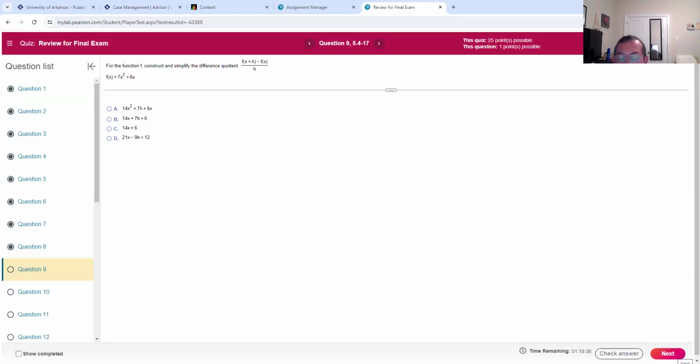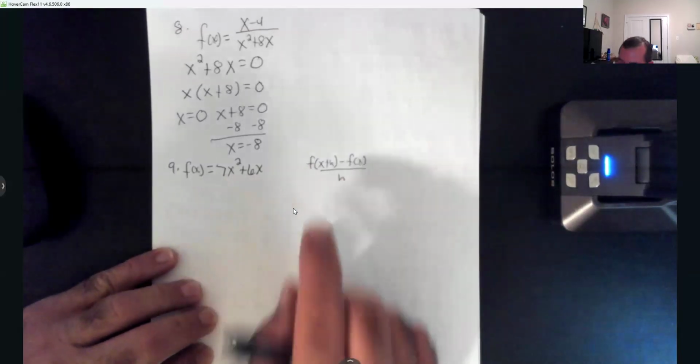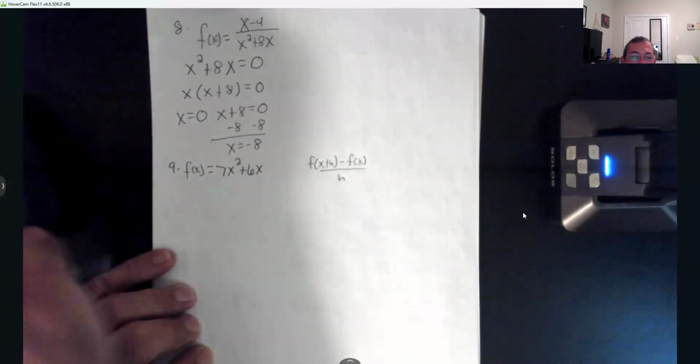Oh, y'all, this might be one of the trickier questions on here. 7x squared plus 6x. So we're doing the difference quotient, f of x plus h minus f of x all over h. All righty, so hopefully y'all save notes on this one, and I'll show you where we're at in just a second.